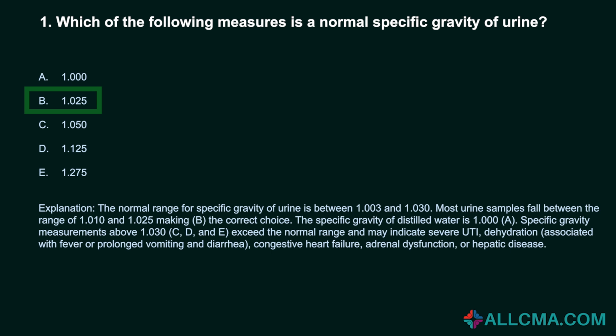The specific gravity of distilled water is 1.000, A. Specific gravity measurements above 1.030, C, D, and E, exceed the normal range and may indicate severe UTI, dehydration associated with fever or prolonged vomiting and diarrhea, congestive heart failure, adrenal dysfunction, or hepatic disease.